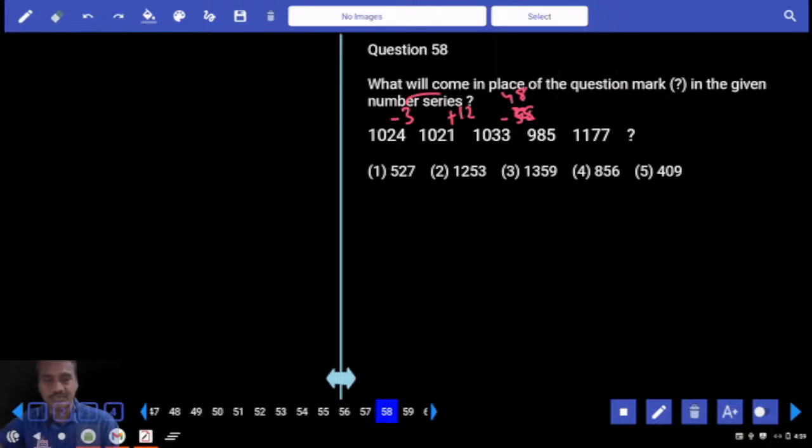Then next one 3 into 4, 12, 12 into 4, 48, 48 into 4, 196, and next one 196 into 4, 16. 800 16 means 884. Clear?